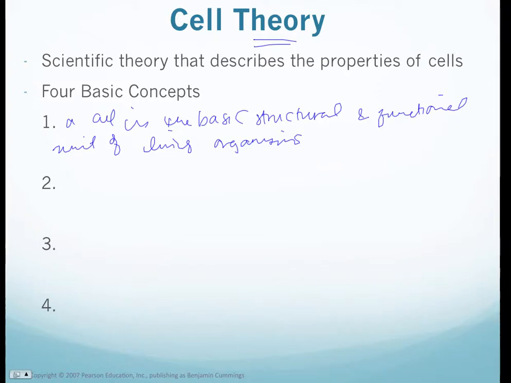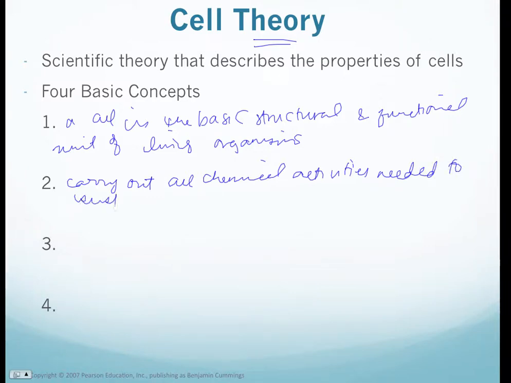Number 2, cells will carry out all the chemical activities needed to sustain life. Okay, and that's because our cell is the most basic functional unit of life, and because of that, it will then regulate our basic homeostatic functions.